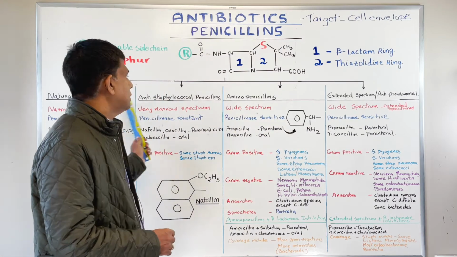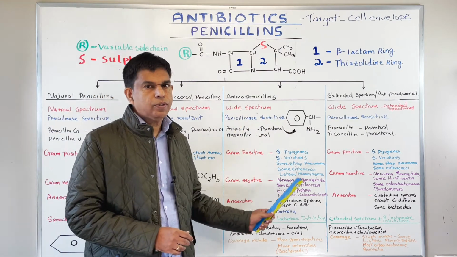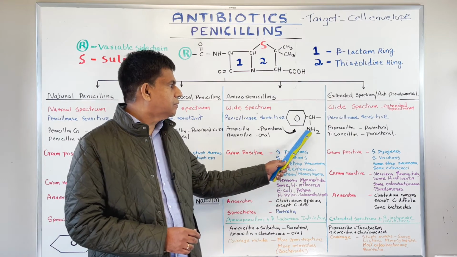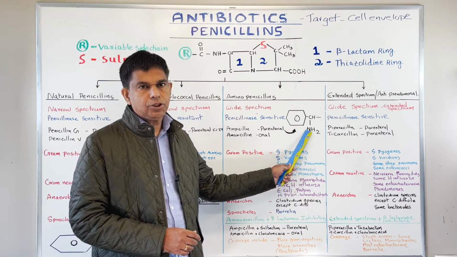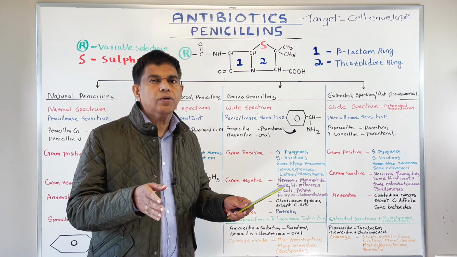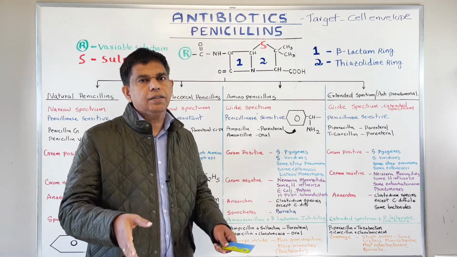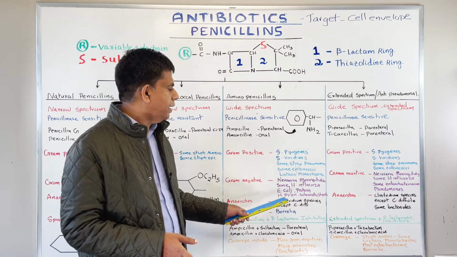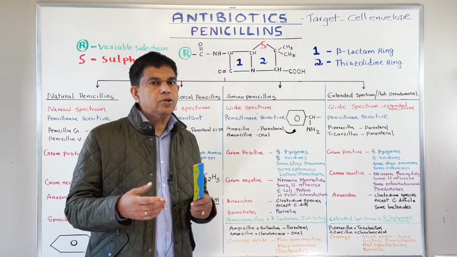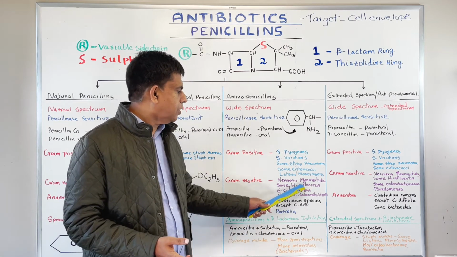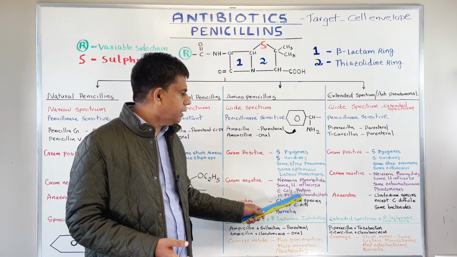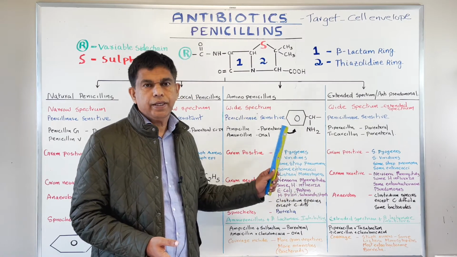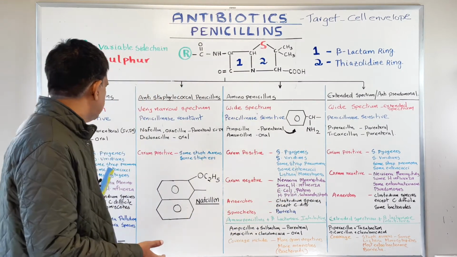Compared to the natural penicillin, the spectrum has increased, so more bacteria are covered. Because of this amino group, they can go through the porins, enter the bacteria and kill them. So they're very effective against Enterobacteriaceae: E. coli, Proteus, H. pylori, Salmonella, Shigella, they can cover.